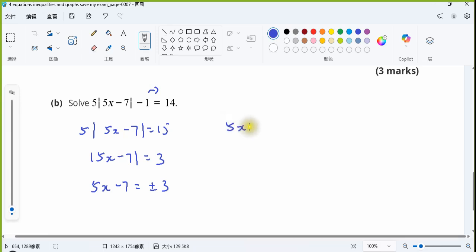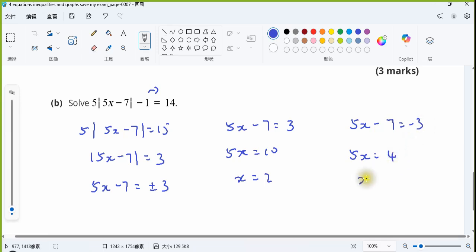So we have 5x minus 7 equal to 3 and 5x minus 7 equal to negative 3. Then 5x equal to 10, then x equal to 2. And 5x equal to 7 minus 3, which is 4, then x equal to 4 over 5, 0.8. So x equal to 2 and 0.8.